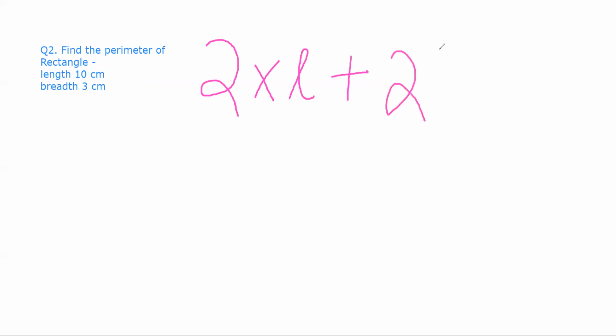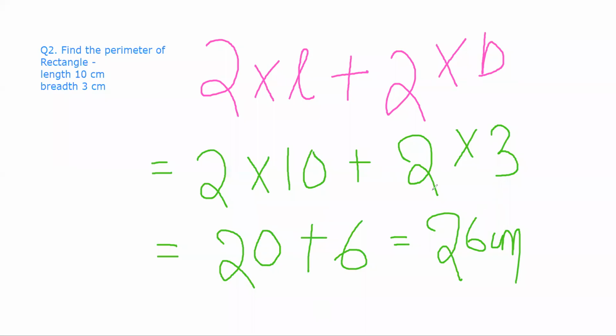Use this formula and find the perimeter of the rectangle. Pause the video and do it. So I hope many of you have done the answer because you know the formula 2 into length plus 2 into breadth. Just multiply 2 into 10 plus 2 into 3. The answer is 26 centimeter. Hope it is clear. Move to the next question.